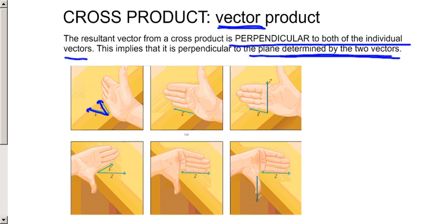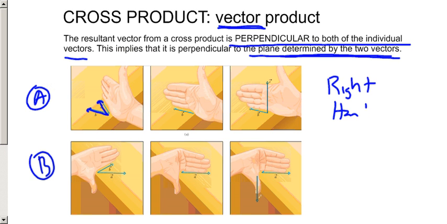What we have here, these pictures are showing a depiction. Here's one, and here's a next, of something called the right-hand rule. And the right-hand rule is the way in which we can determine the direction of the resultant vector. And the way that it works is, if we're talking about A cross B, which is what we're looking at in this top one, you put your right hand in line pointing in the direction of A. That's here.